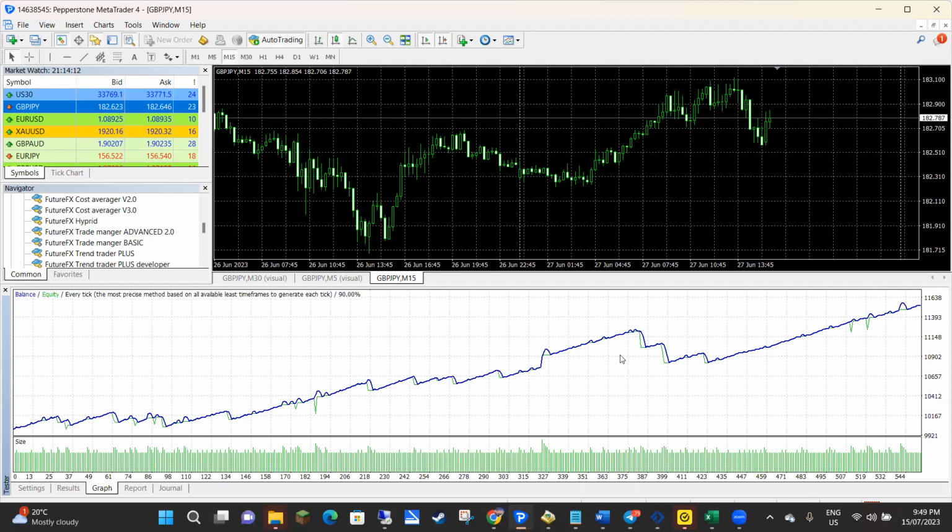Now, if you do know something about trading and you don't mind having a bit of a manual input, then what you can do is not use the close all feature, but instead manually make sure you get those trades closed out around about the same time. That will be more beneficial.